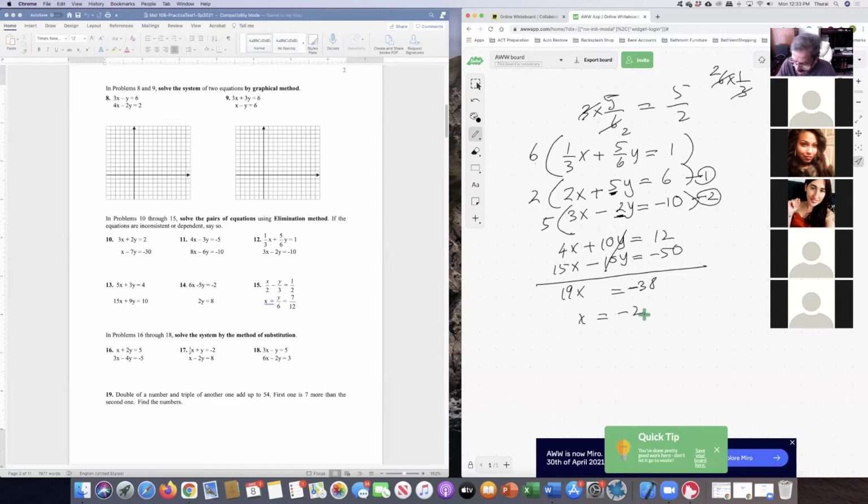I'll plug this into the first equation. 2 times minus 2 plus 5y equal to 6. So minus 4 plus 5y equal to 6. Adding 4 to both sides, 5y equal to 10, y equal to 2. So the solution is x equal to minus 2, y equal to 2. That's your answer.